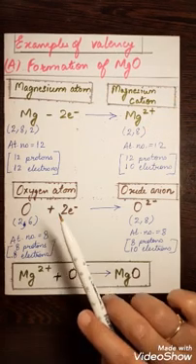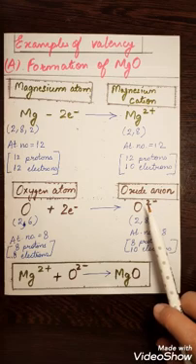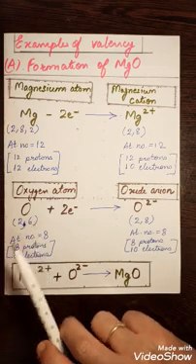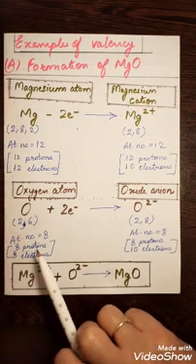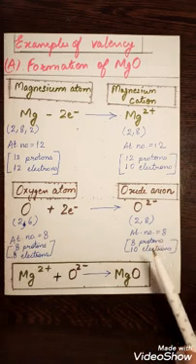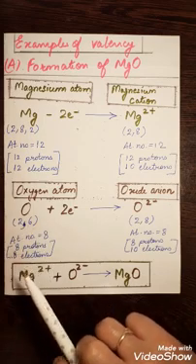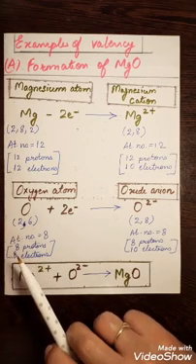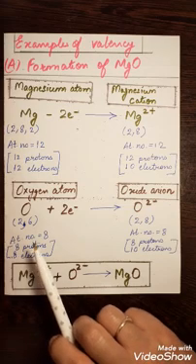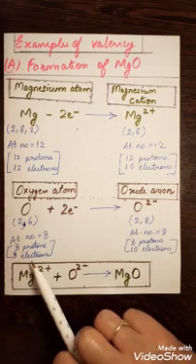Let us understand the oxygen atom turning into the ionic form, or the ion. Now the oxygen atom's atomic number is 8, which will be the same for the oxide anion also, right? So in the oxygen atom, the number of protons equals the number of electrons, which equals the atomic number, that is 8 protons and 8 electrons.